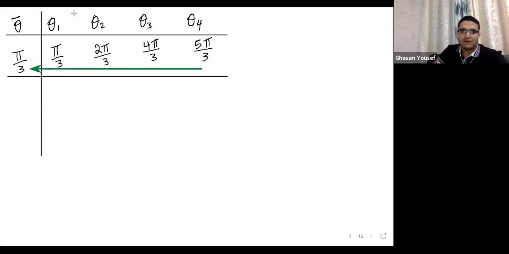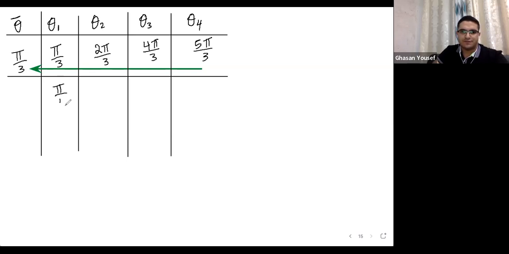Now for the second one, I give you another angle. The angle is pi over 4 in the first quadrant. In the second quadrant, it's 3 pi over 4. In the third quadrant, it is 5 pi over 4. In the fourth quadrant, it is 7 pi over 4.